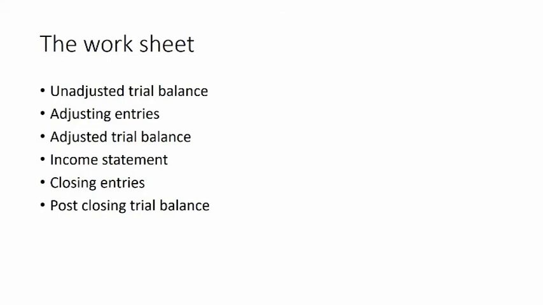We also have adjusting entries, adjusted trial balance, the income statement, the closing entries, and the post-closing trial balance, which will be tackled in the following days. If you do not practice and if you do not understand this topic, then it will be hard for you in grade 12, accounting 2, and other subjects as well.